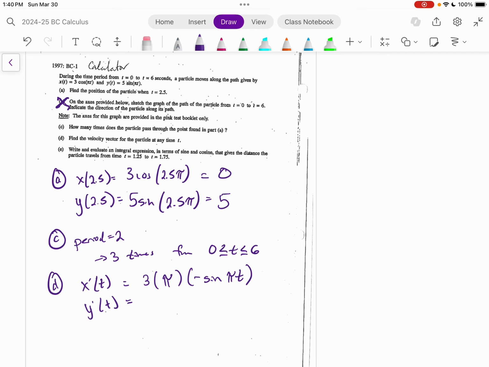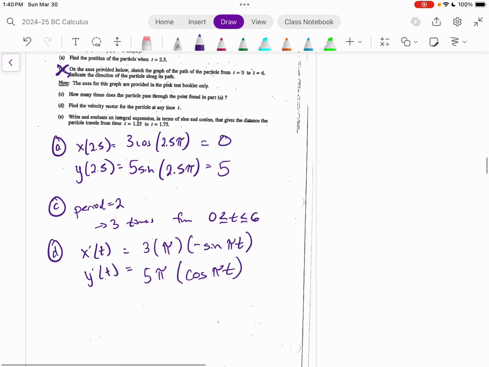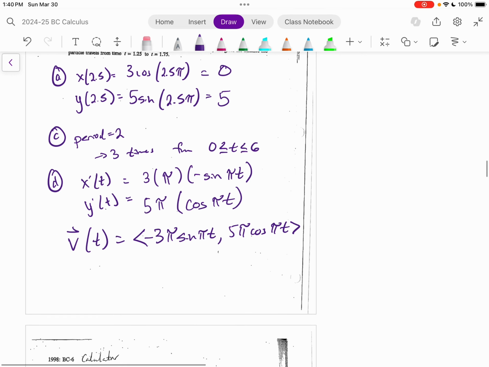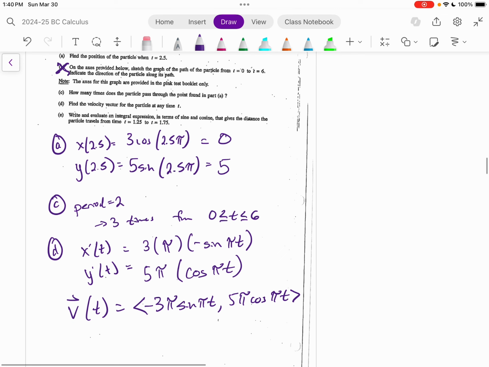And then this guy down here is going to be 5 pi cosine pi t. Written as a vector, we could give it a little hat if we wanted to. This is going to be negative 3 pi sine pi t, comma 5 pi cosine pi t. There we go.